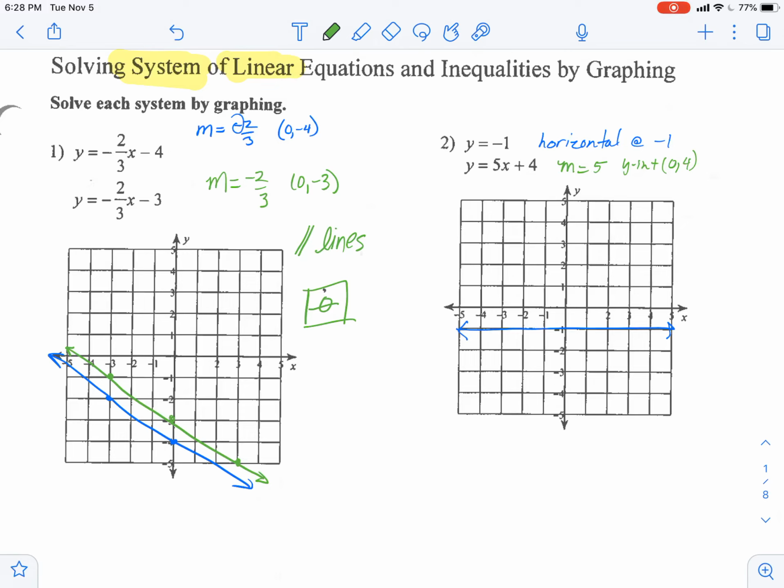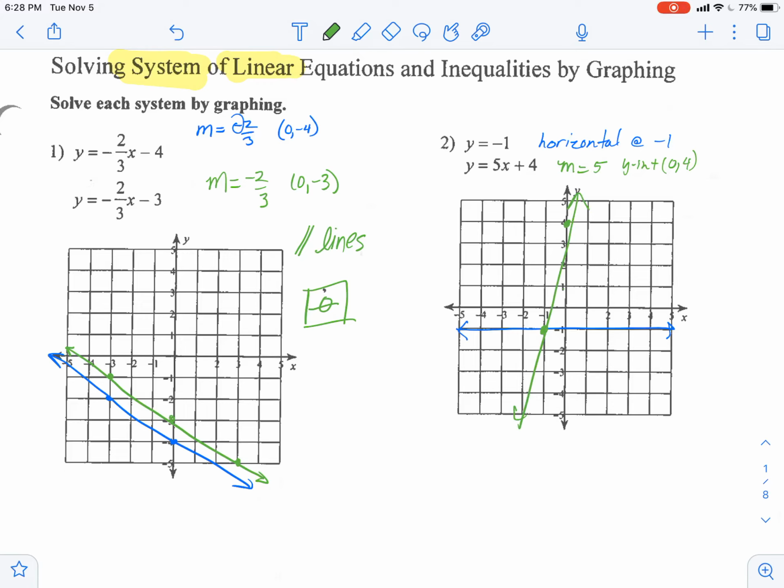Okay, so I'm going to graph my (0, 4). Again, I cannot go up, so I'm going to go down 5. 1, 2, 3, 4, 5, which means I have to go to the left. Because it's a positive slope, my graph should be going up. And this one's easy to see because what I notice is that they both have that point right there in common. And so that is the answer to my problem, (-1, -1). That is the point that is common.